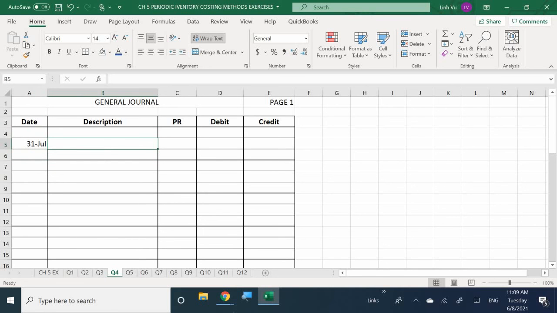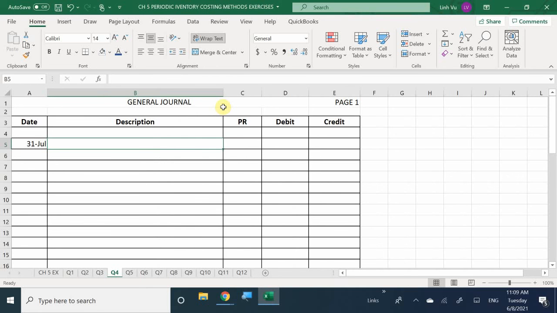And how should my journal look like this time? How do I journalize the conversion entry?